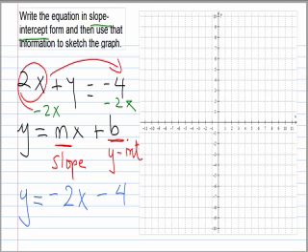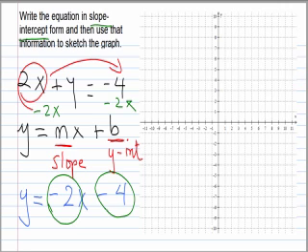Anytime the equation is solved for y, your slope is going to be located as the coefficient of x. Your y-intercept is going to be this constant value. Identifying those to be -2 for slope, and I'll use the letter b, which is used for the y-intercept, is -4.